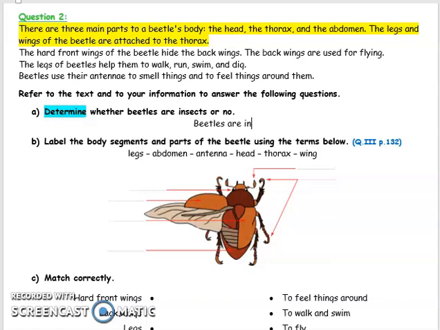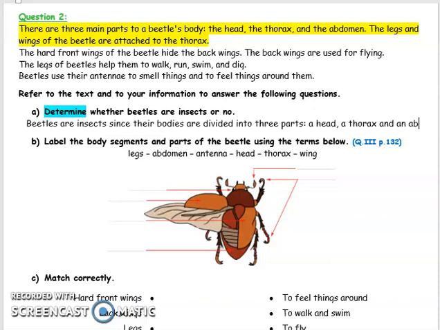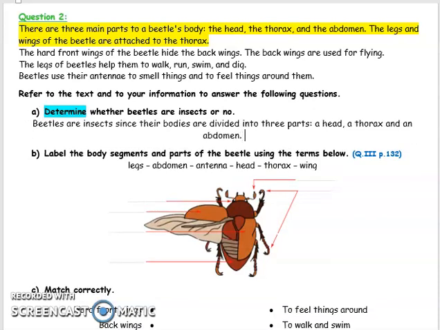We have to justify since their bodies are divided into 3 parts: a head, a thorax, and an abdomen. Writing this is enough, but I will add the legs of the beetles are connected to their thorax.